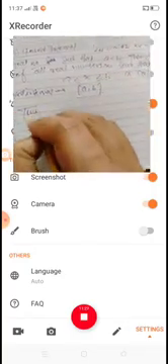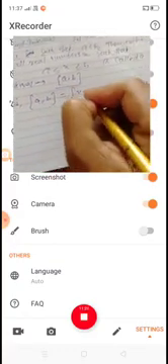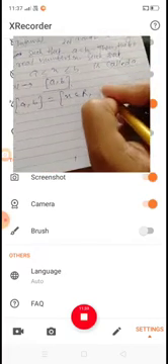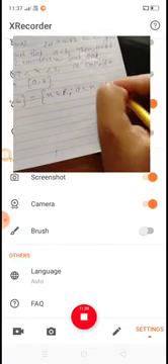Thus the closed interval [a, b] is equal to the set of x belonging to the real numbers such that a is less than or equal to x, less than or equal to b.